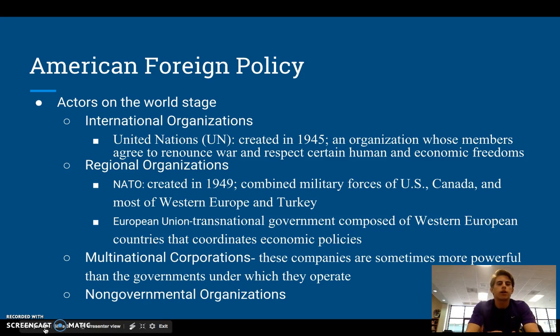NATO was created in 1949 and combines the military forces of the United States, Canada, and most of Western Europe and Turkey. The European Union is a transnational government composed of Western European countries that coordinates economic policies. Multinational corporations are companies that are sometimes more powerful than the governments under which they operate. And then there are also non-governmental organizations.